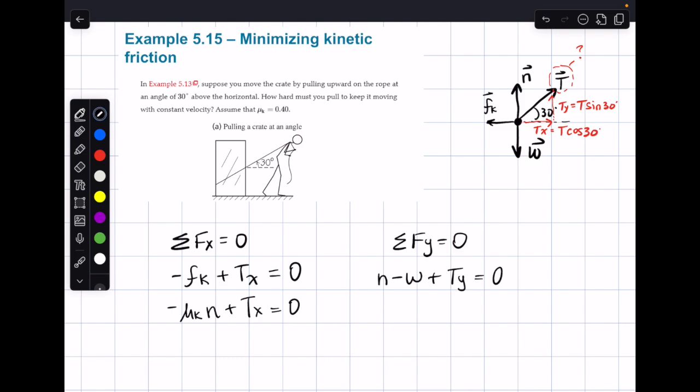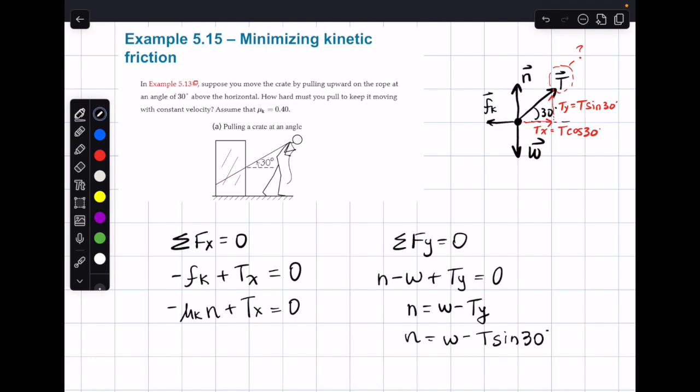So there is a tension in the y to the rope, and we're going to be reducing that normal force. So the normal force is no longer equal to simply the weight. The normal force is now going to be equal to the weight minus Ty, where Ty is T sine 30.